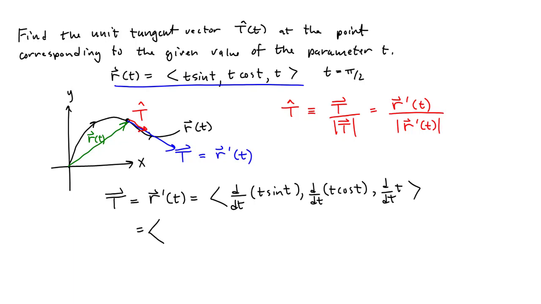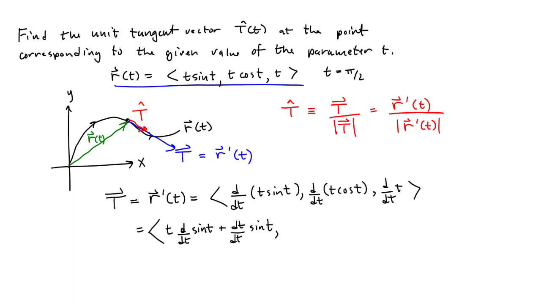For the x component, we can apply the product rule. The product rule says take the first term and multiply it by the derivative of the second term, and then add the derivative of the first term times the second term. This is the x component. The y component is similar.